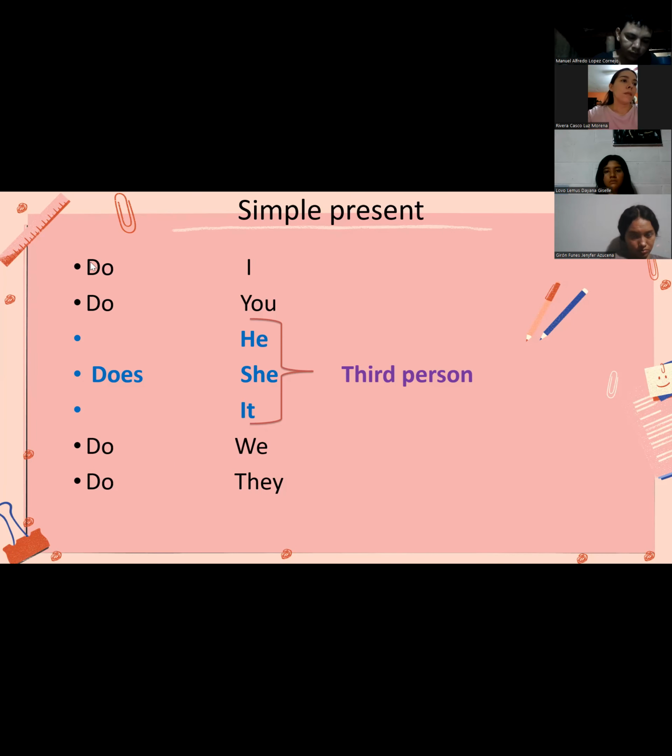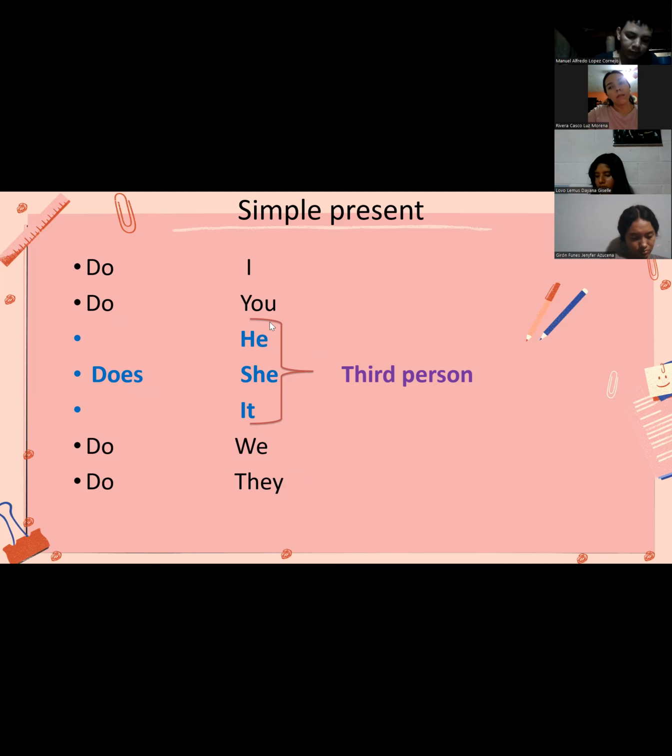Okay. Here, class, look, we have do I, do you, does he, does she, does it, because this is third person. He, she, and it, third person, we're going to use does. Do we, do they, okay? So do, you're going to use it for I, you, we, and they.